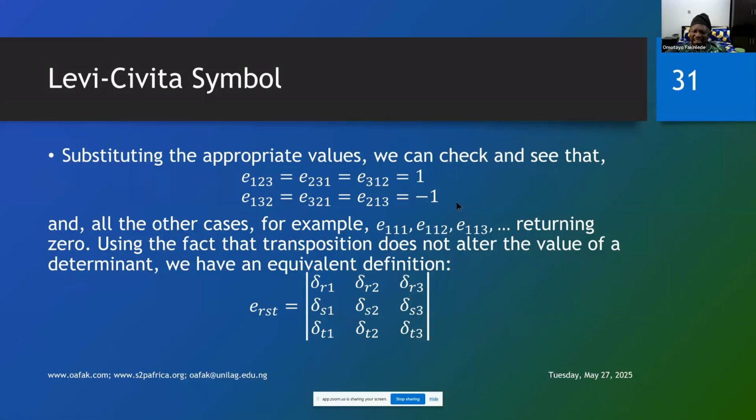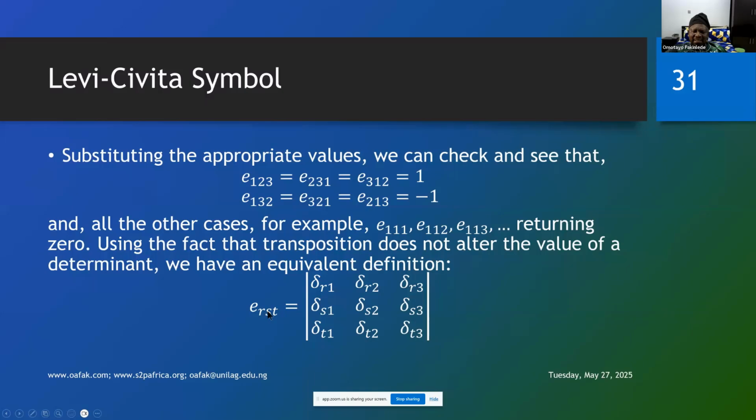Something that is defined like that is called the Levi-Civita 3 index symbol, and it is defined in terms of the Kronecker deltas. Using the fact that transposition does not alter the value of the determinant, we have an equivalent definition.